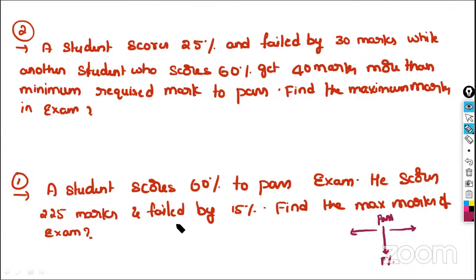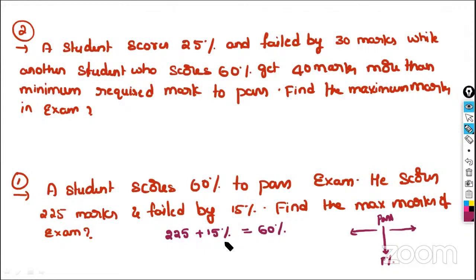A candidate gained 225 marks but failed by 15%, right? So that means 225 marks plus 15%, if we take these two, although they would not actually be added, as a general procedure, that equals the pass mark, that means 60%. Clear?